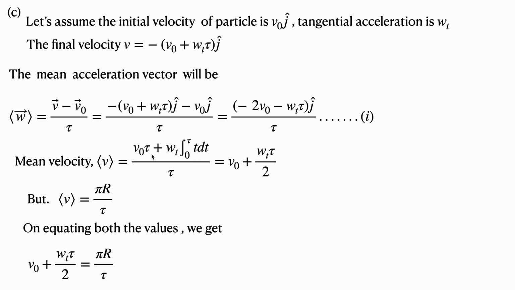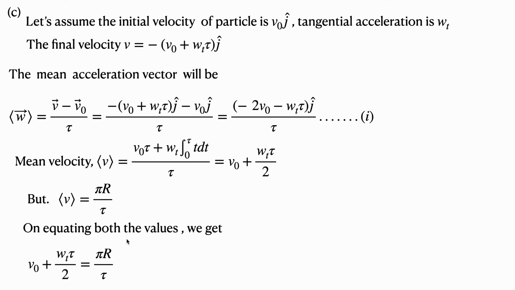So we will get v₀ τ plus wτ integral 0 to τ t dt divided by τ, which will be equal to v₀ plus wτ τ divided by 2. But considering the distance covered, we get the mean velocity as πr divided by τ.